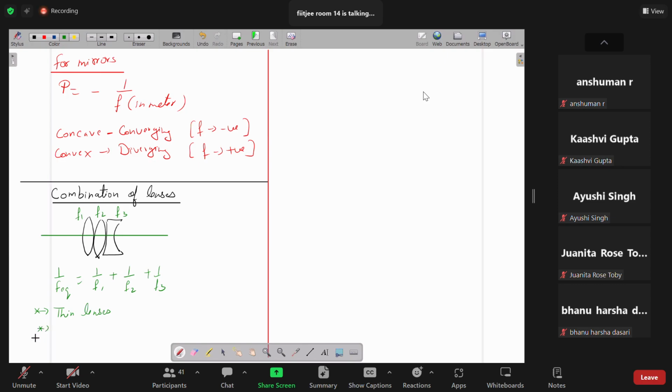Next, this is true for para-axial rays. Then it is true if there is no gap between the lenses, when lenses are kept side by side without gap.